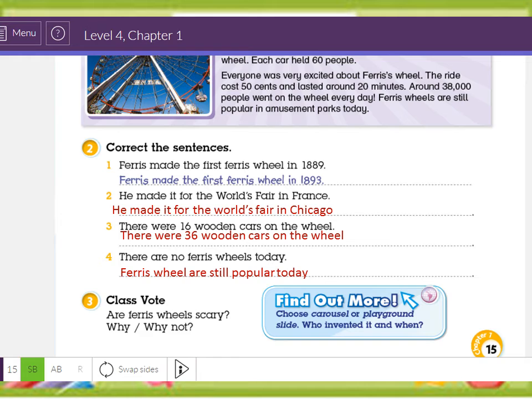And number 2, he made it for the World Fair in France. Is it true? No. This sentence is wrong, so you have to create the right sentence. The sentence becomes: he made it for the World Fair in Chicago.